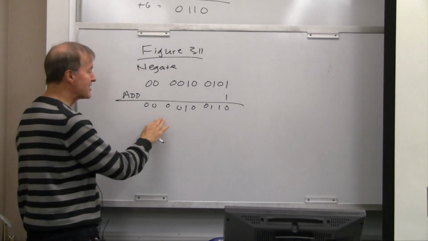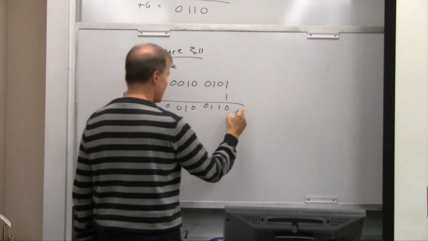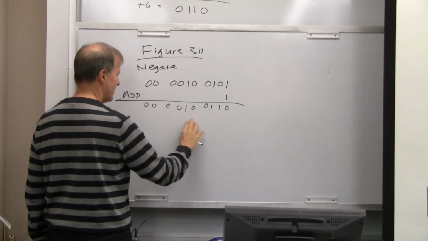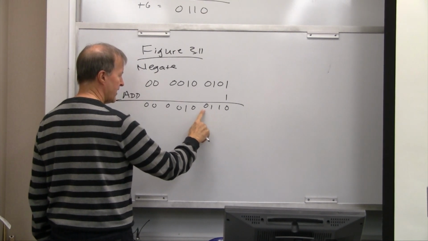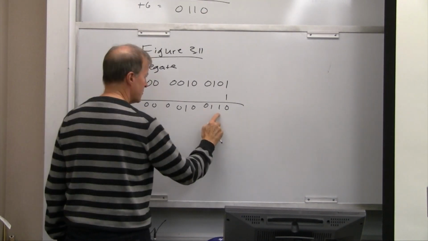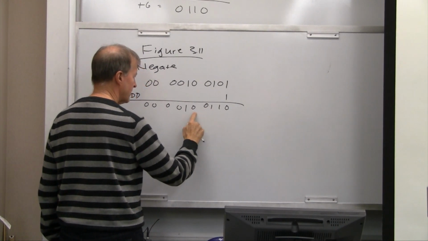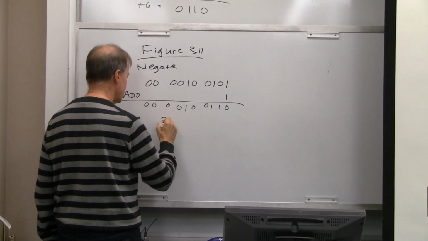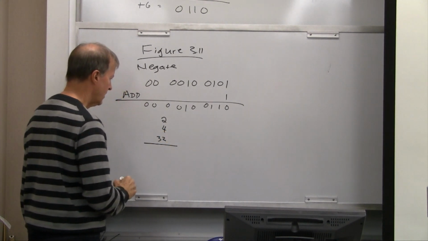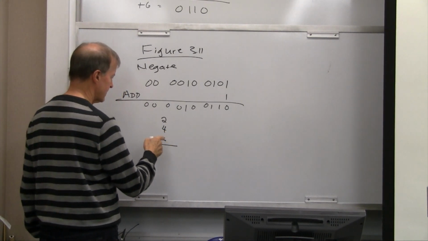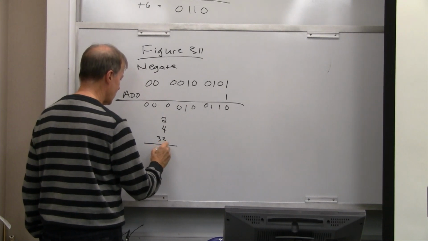Now, what positive number is this? Well, what are the places? This is 1, 2, 4, 8, 16, 32. 2, 4, 32, right? Is that right? Yes. And now what is this? 38.